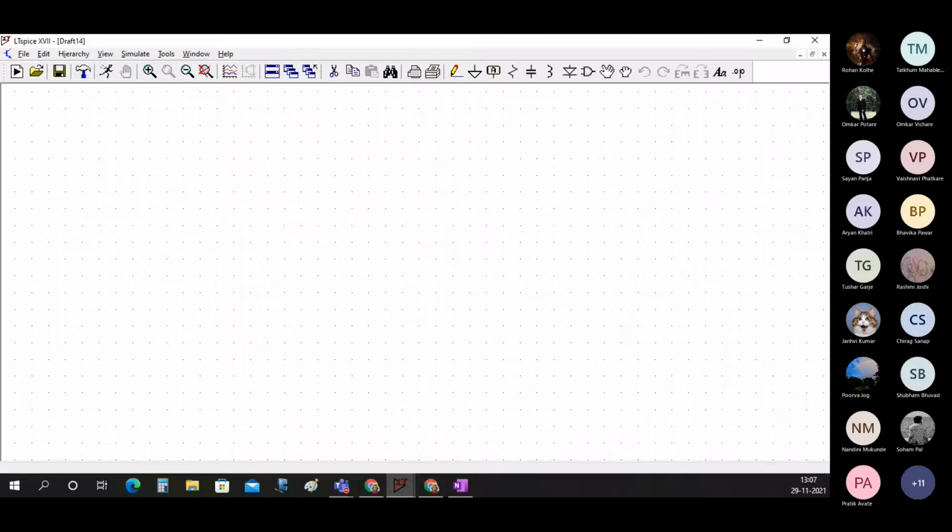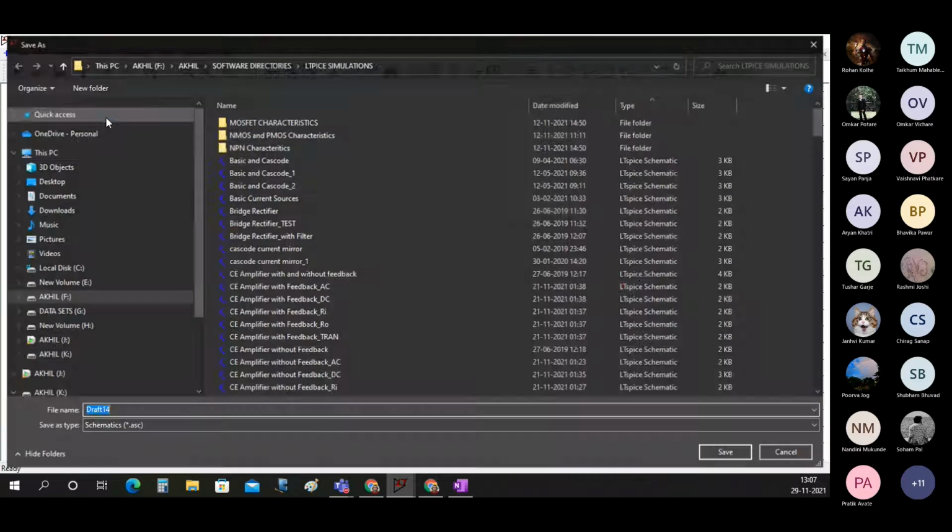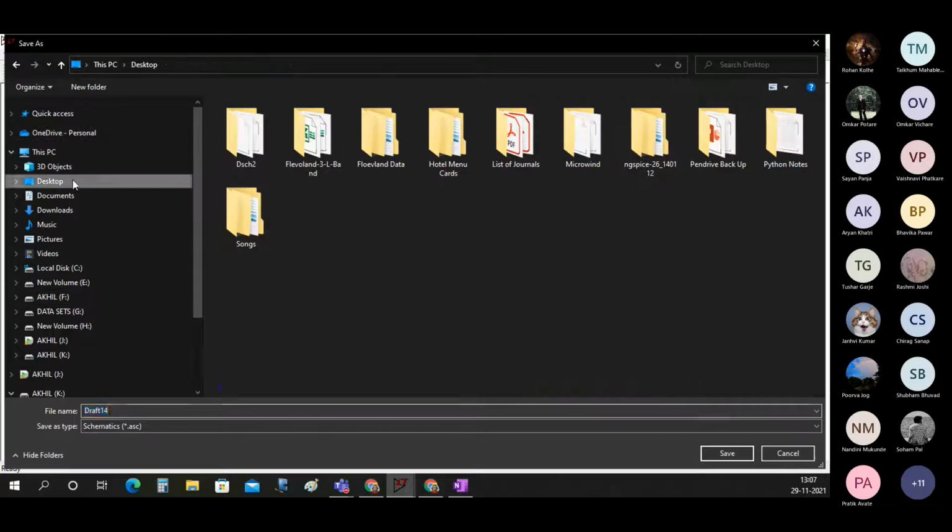Open a new schematic and save it with some name. Save as, save it on the desktop, and we'll call it class B amplifier.